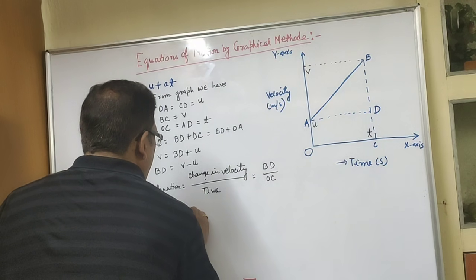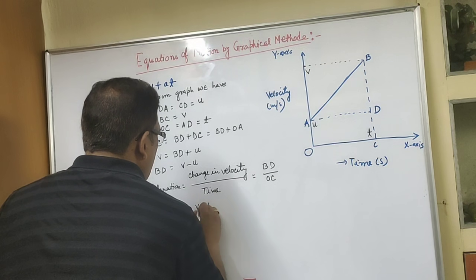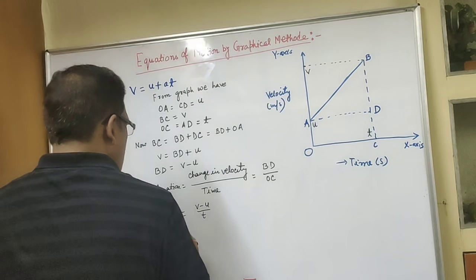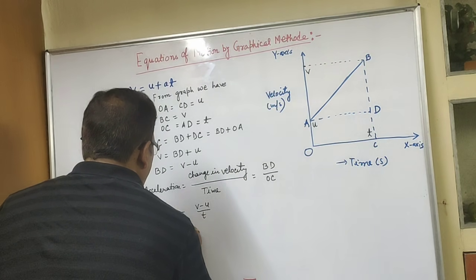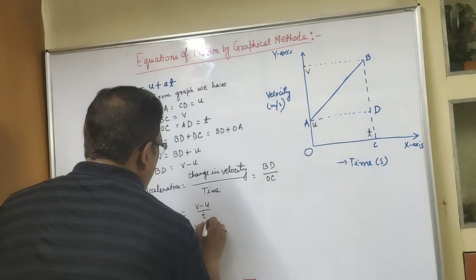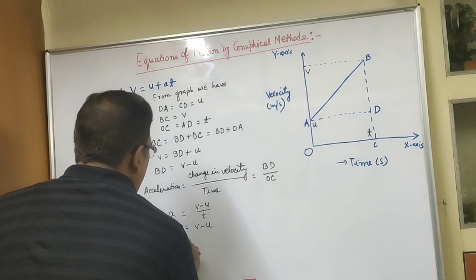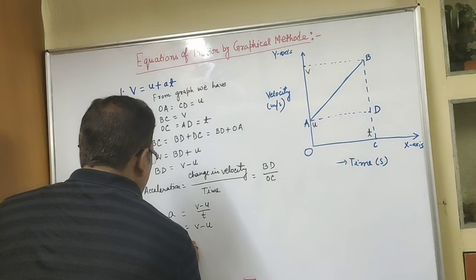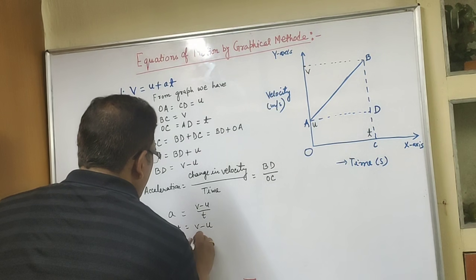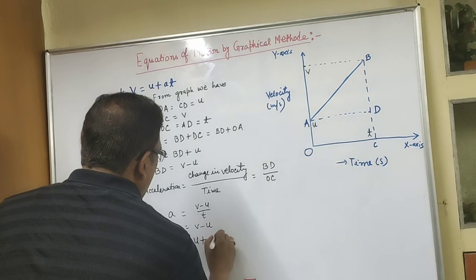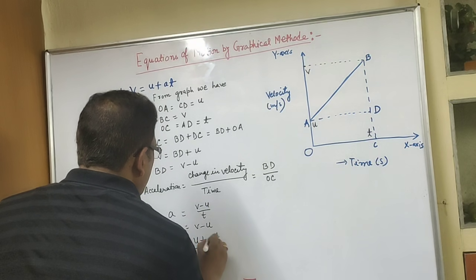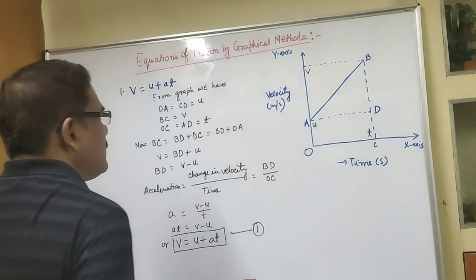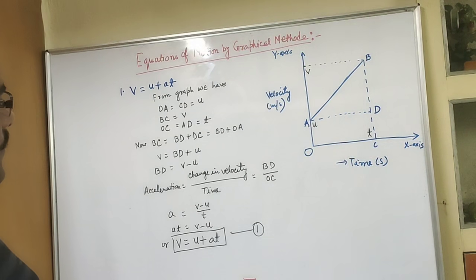So it can be written as a equals V minus U by T, or after cross multiplication you can write AT is equal to V minus U, or if we transpose U to the other side, V is equal to U plus AT. In this way we have derived the first equation of motion.